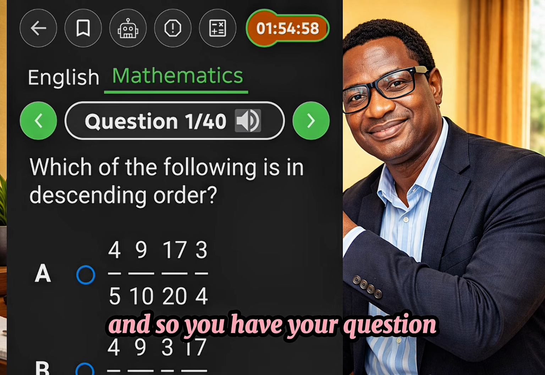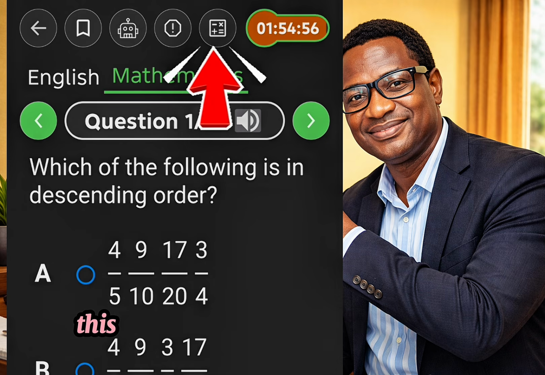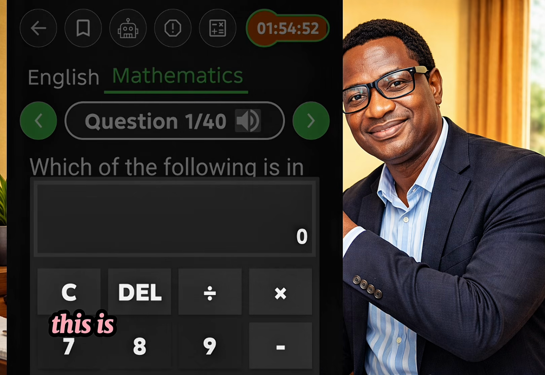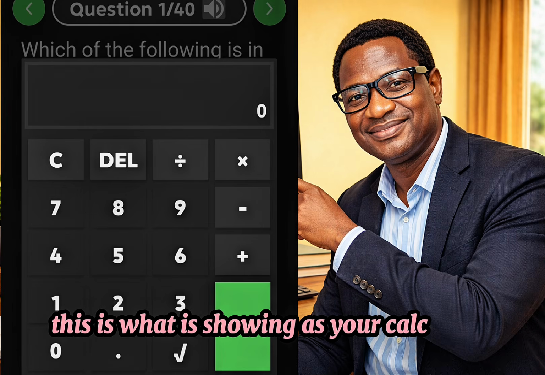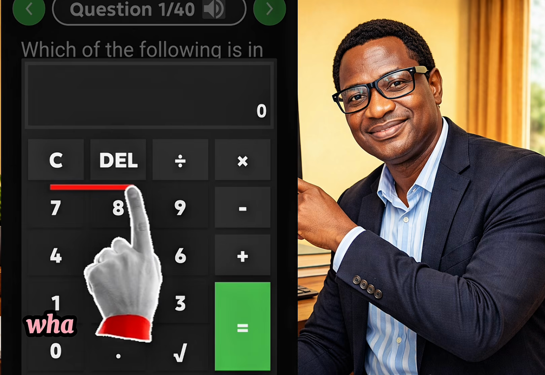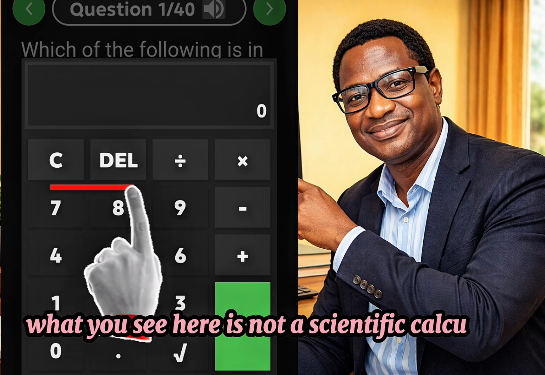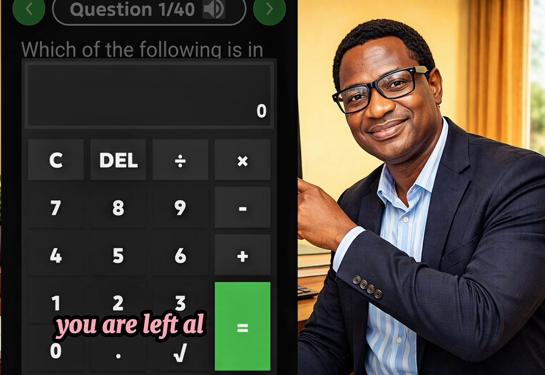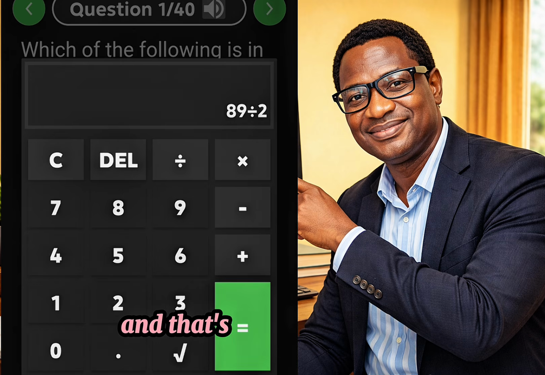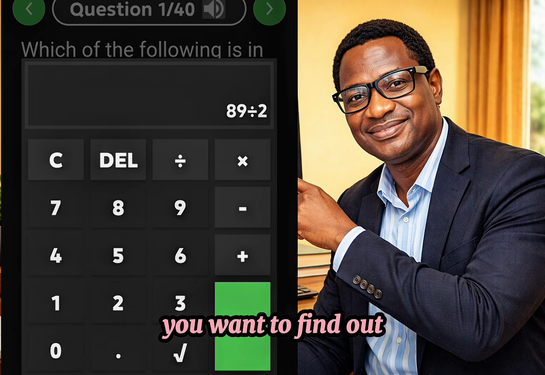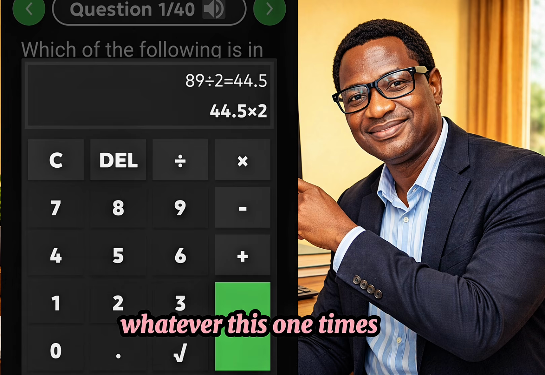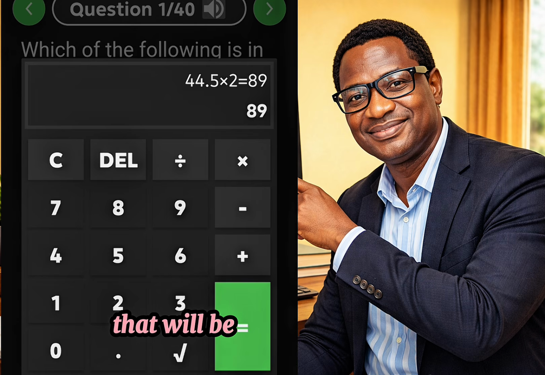So you have your question. Now beside the key, this is where you have the calculator. Can you see exactly this is what is showing as your calculator? So this interface, if it comes in, apparently what you see here is not a scientific calculator. So you are left with just simple 89 divided by 2, and that's what you want to find out. 5 divided by this will give you whatever answer, whatever this one times 2, that will be your answer.